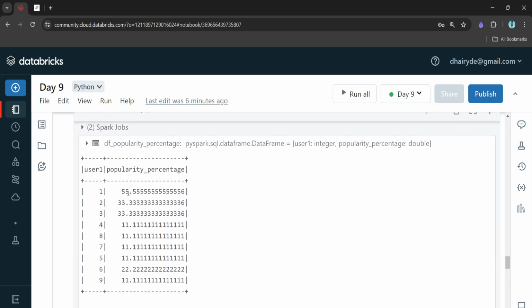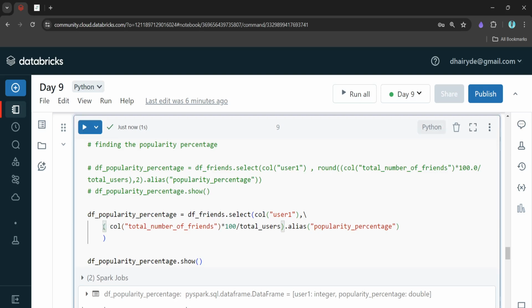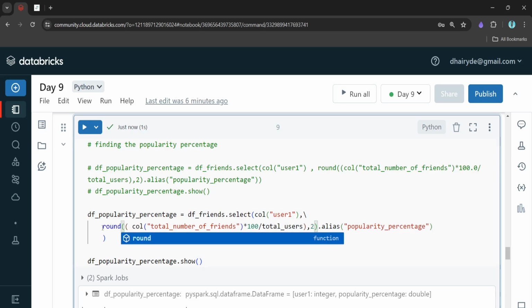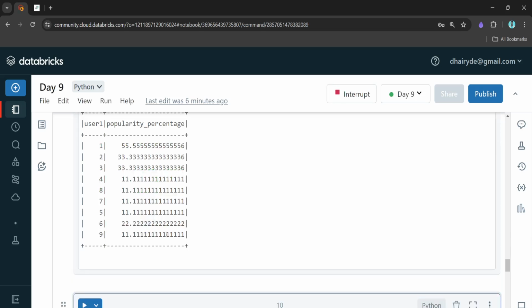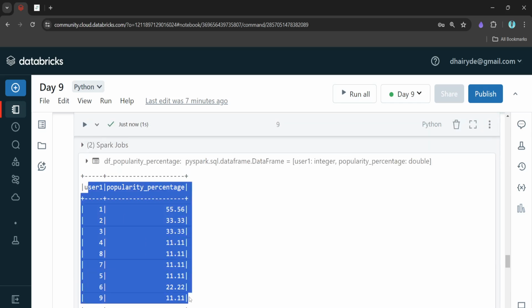If you see here, 55.5555, and we don't want it like this, we want only two decimal places, right? For that, we can use round. So again, we need to put one parenthesis, and here we put two decimal places, and here we can write round, right? Let me run this. Okay, now you can see we got our desired output.